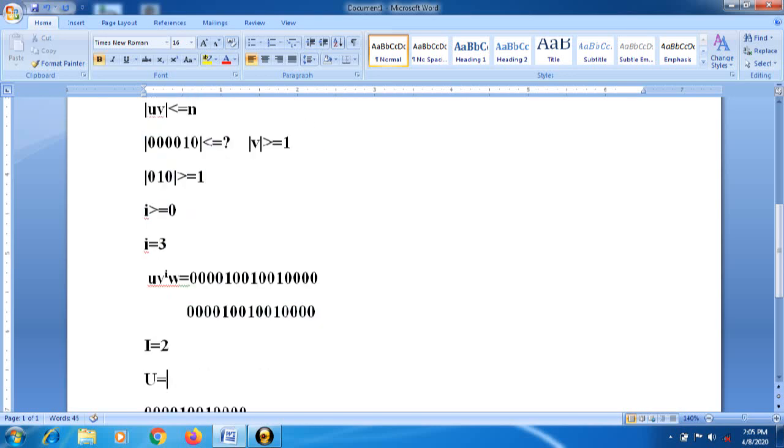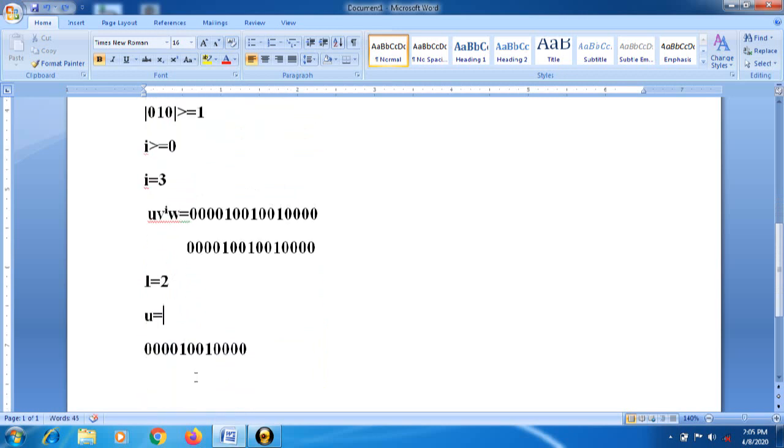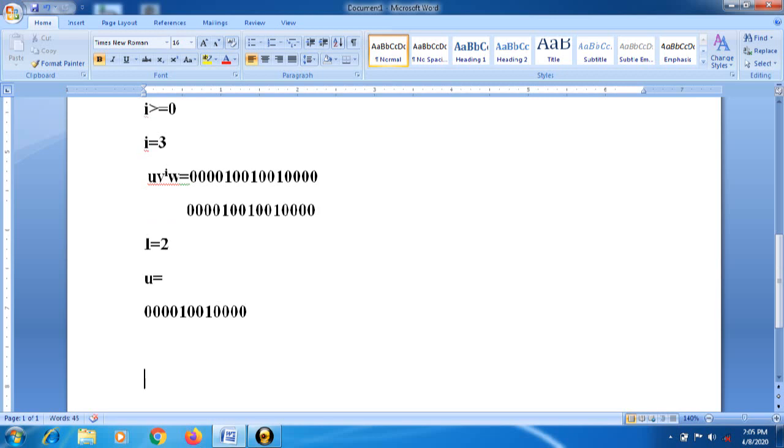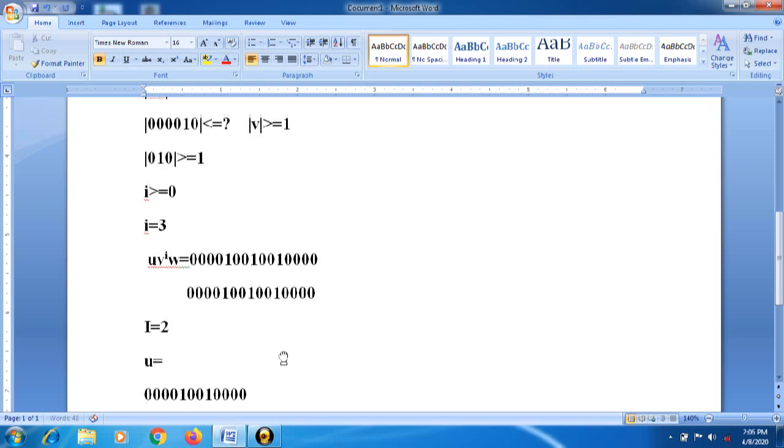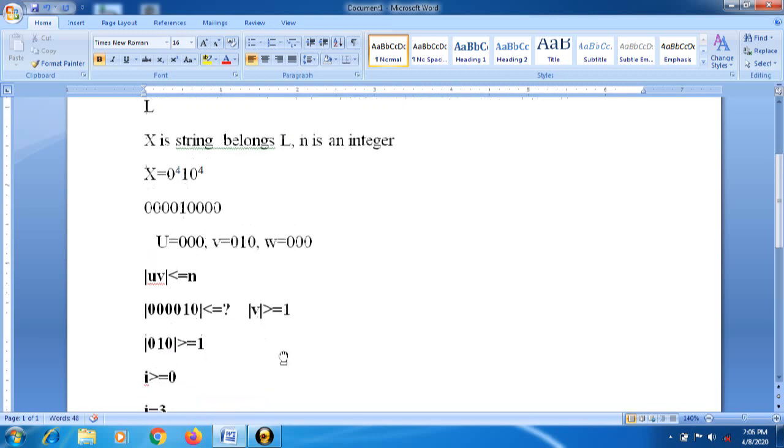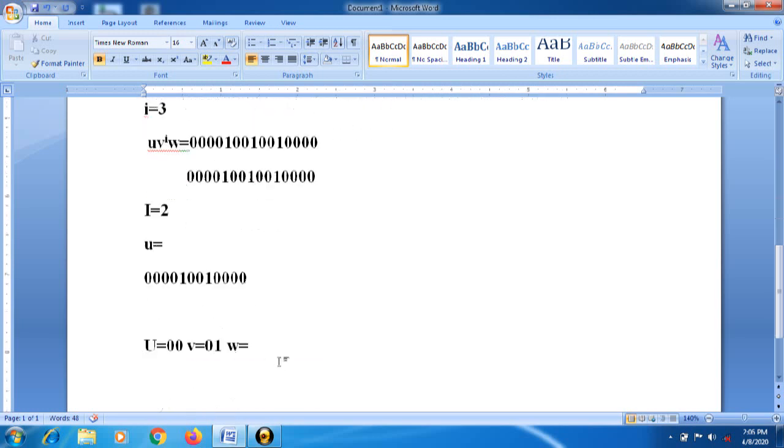Suppose we have divided it into two parts, U is equal to 00, V is equal to 01, and W is equal to the remaining 4 zeros.